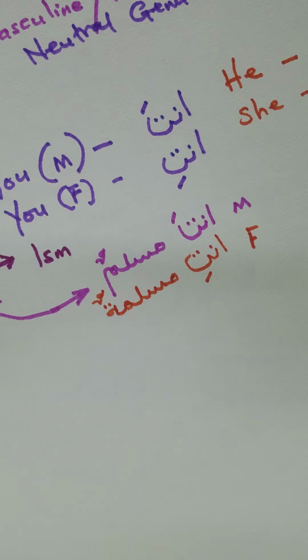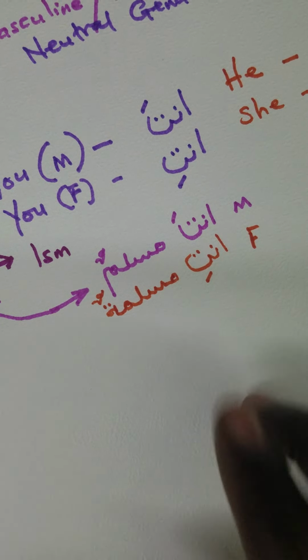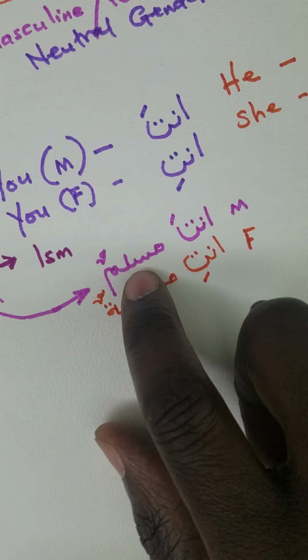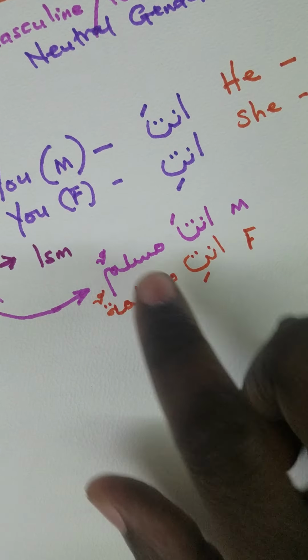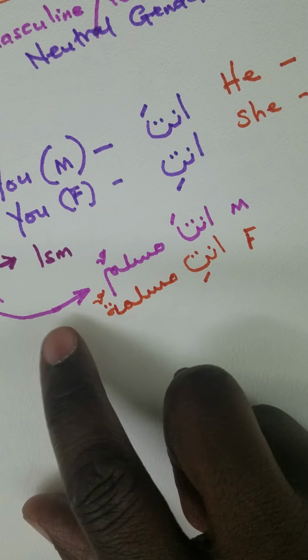Now, here I want you to pause and see how easy this is. A man is Muslim, and case 1 for the word Muslim, if you refer to the charts we did, is "Muslimun."